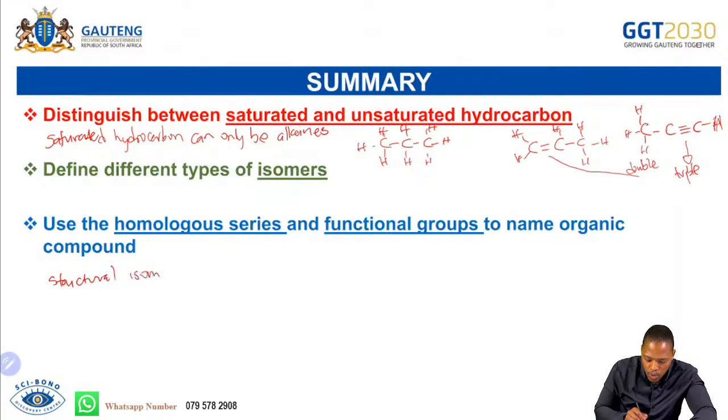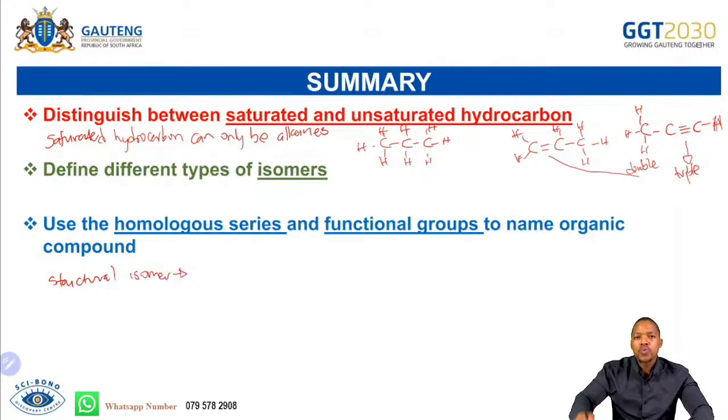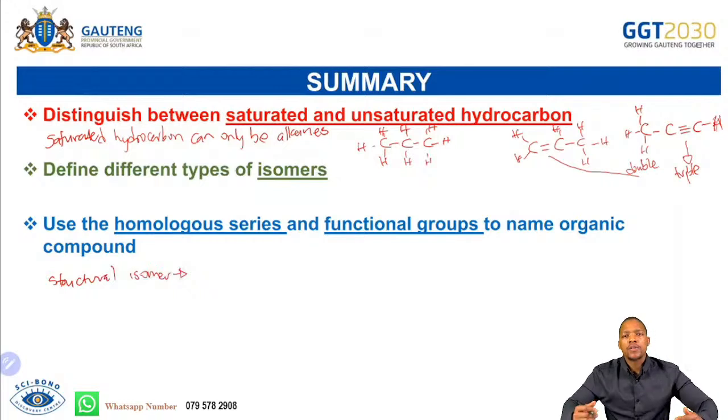You say these are organic compounds that have the same molecular formula but different structural formulas. So it's sort of like the umbrella of all isomers. So you must be able to define structural isomers.